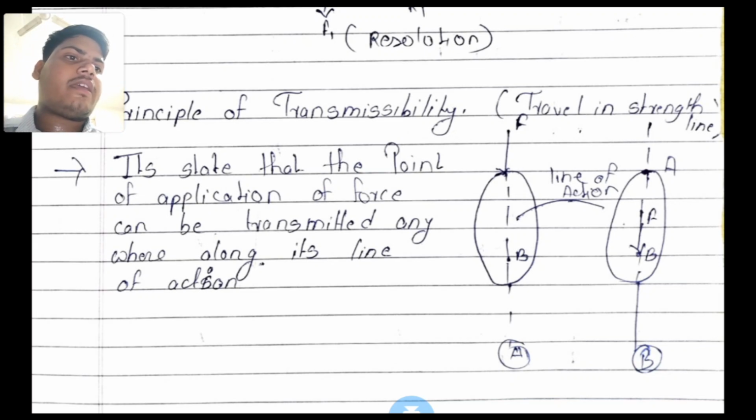When force F passes through some body or object, then the line of action is shown in the second figure. It shows this force FB goes toward B direction.